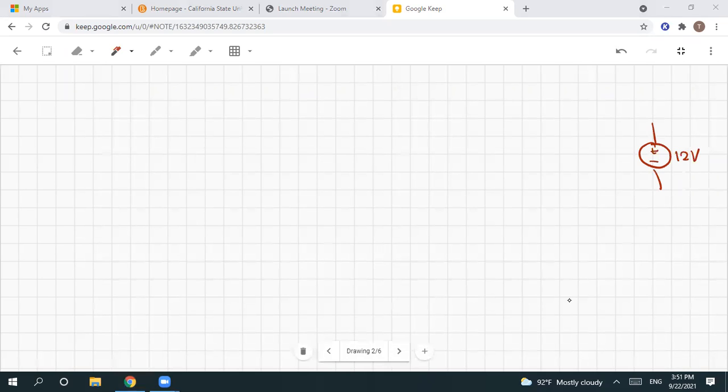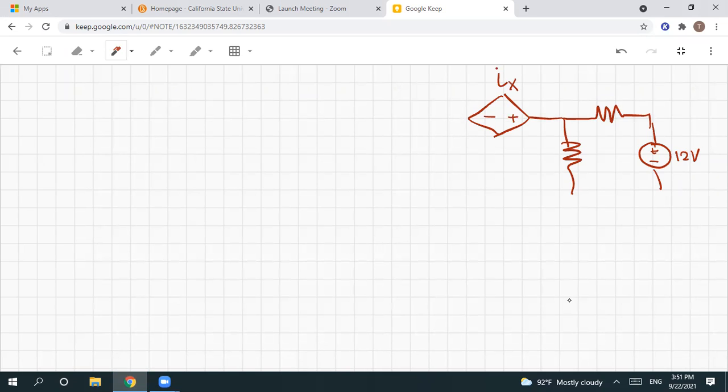Then we have a resistor, then another resistor, then a voltage source, and this will be plus minus Ix, and then another resistor, and then another two resistors, and then a current source.